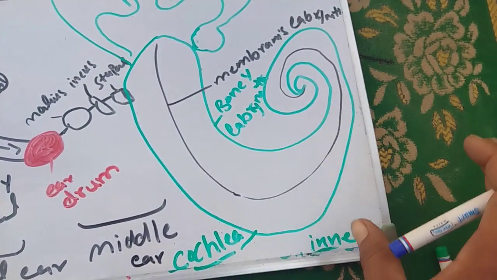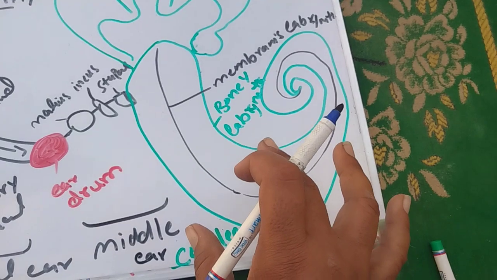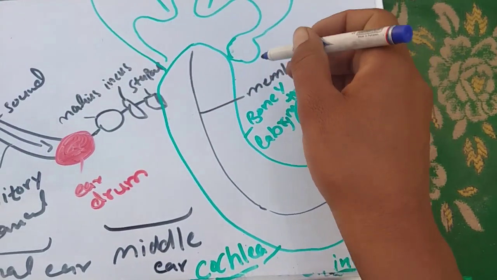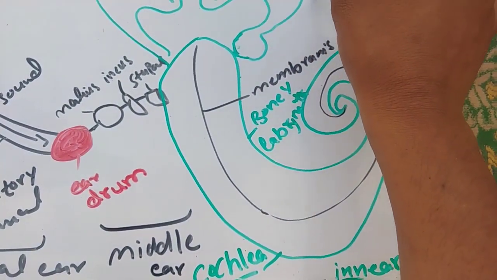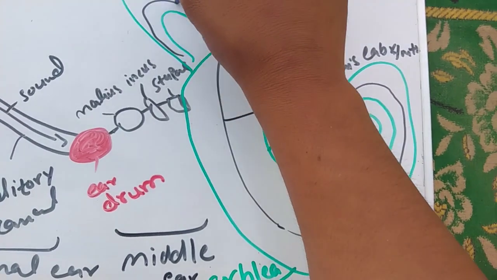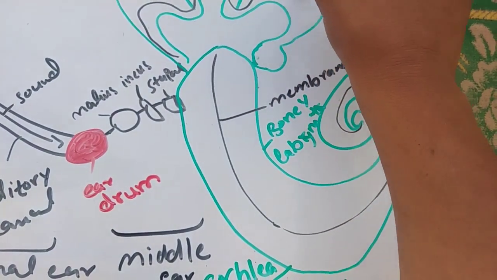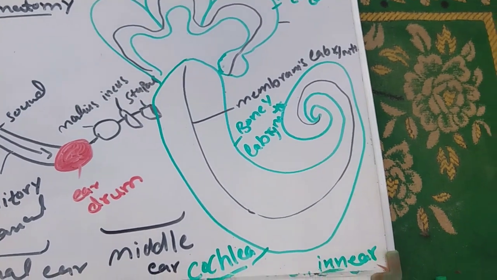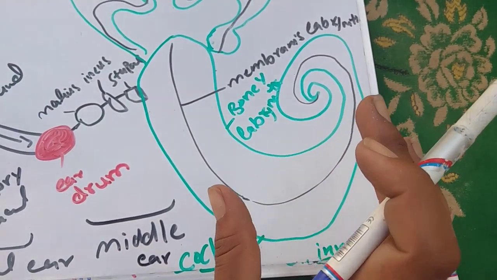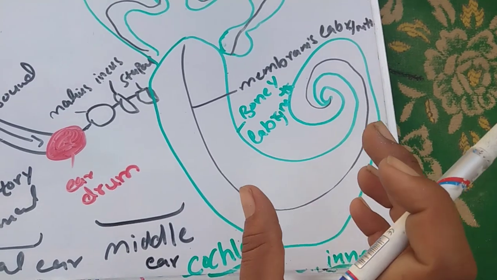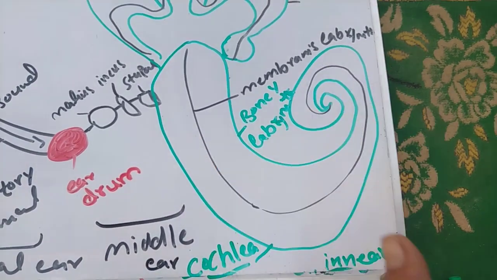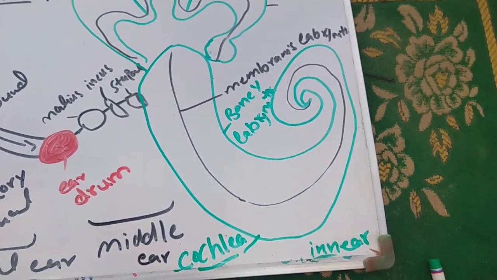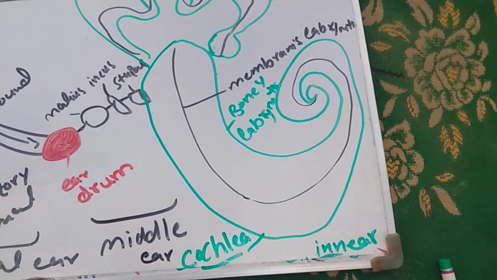So the inner ear consists of the bony labyrinth and the membranous labyrinth. The bony labyrinth is white in color, and it is tougher as compared to the membranous labyrinth.